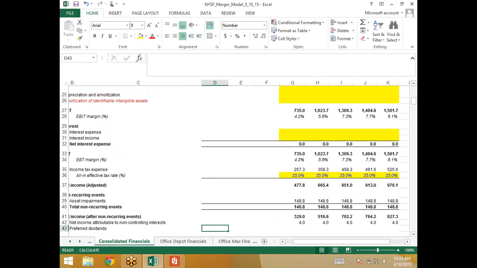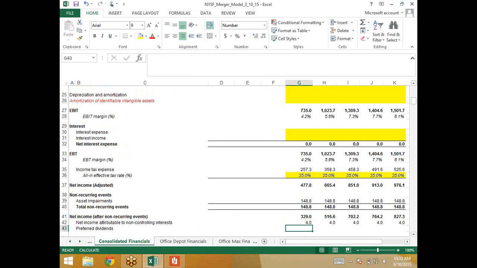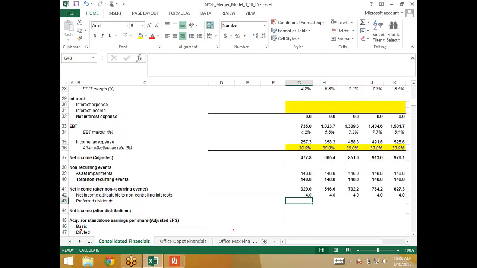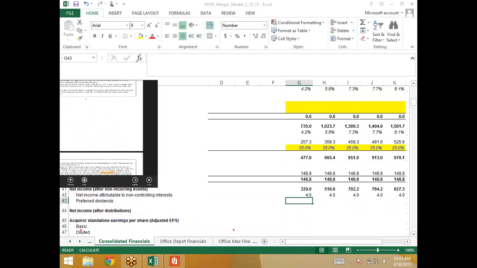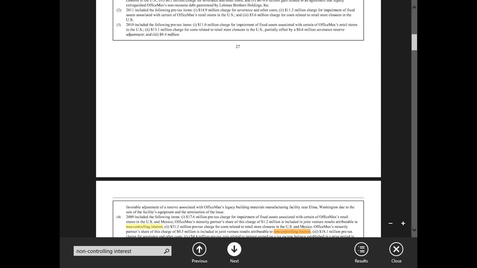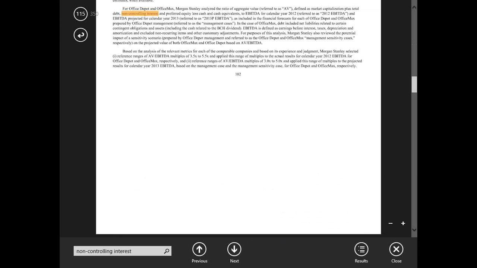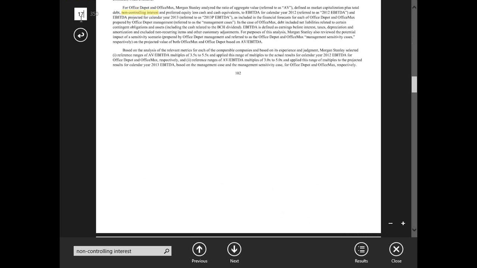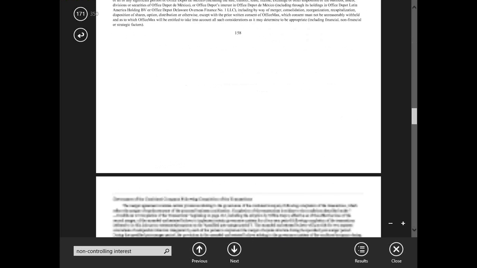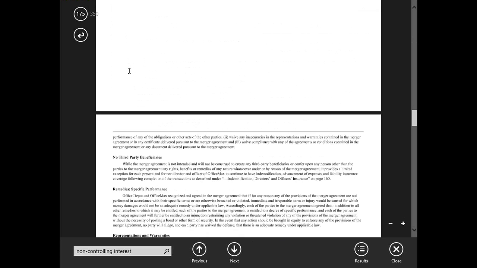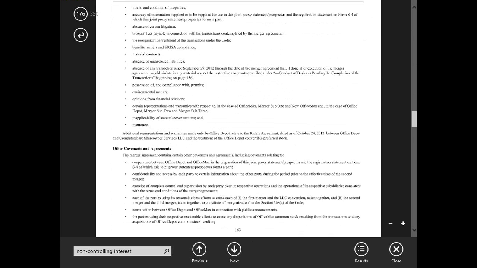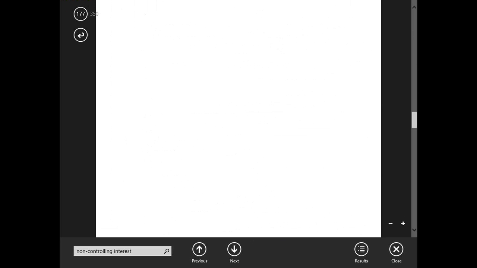Next, how about preferred dividends? Part of the buyout? How do you know that? Yeah, absolutely. Yes. We know from page 170 that the target preferred shares were part of the shares that were diluted and bought out.